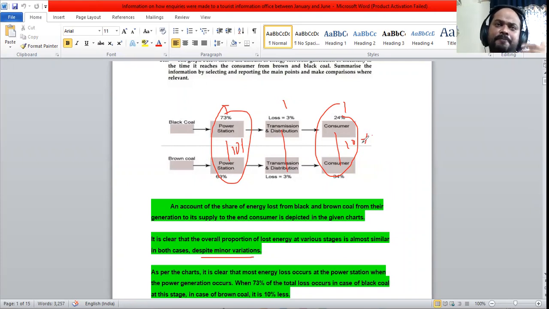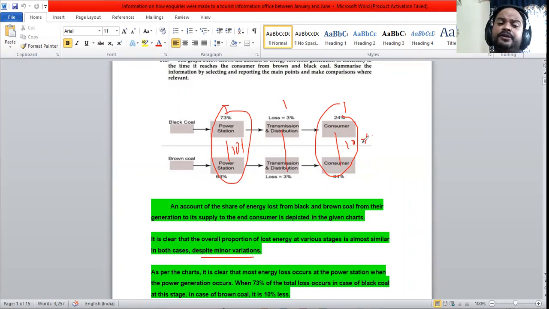Now the major proportion of energy is lost at the power station, and the proportion of energy lost in transmission and distribution is just 3%. It is exactly the same. And when it comes to the consumer, it is 24 and 34, a 10% difference there.